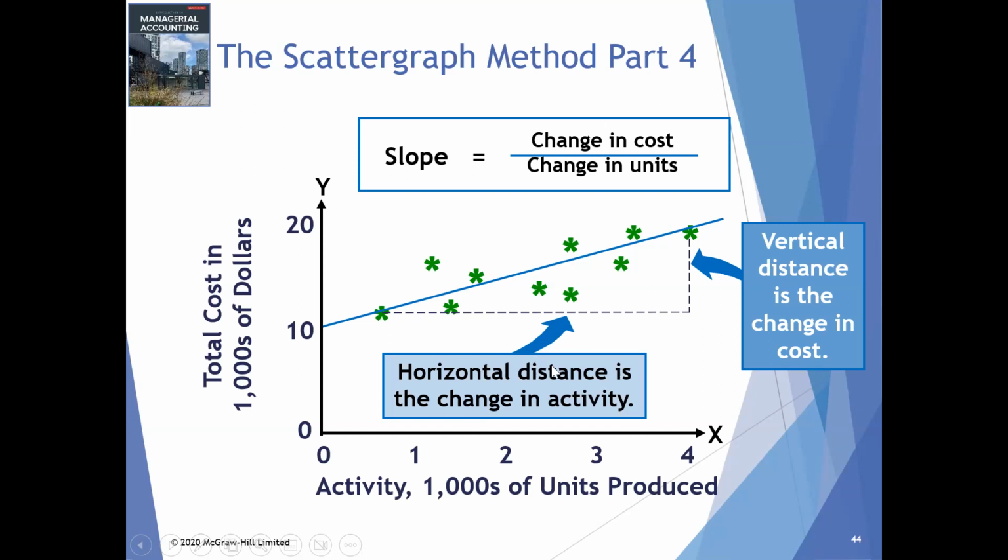So we have here the horizontal distance in the change of activity. If you make a dotted line here, this is the vertical distance, and this is the horizontal distance, the change in activity, horizontal and vertical.